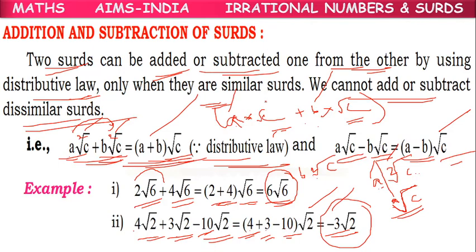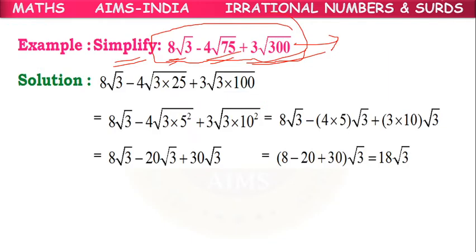Not only the order, along with the order, if two surds are to be similar, they should have the same value. Along with the order, here square root 3 are similar surds. Why?